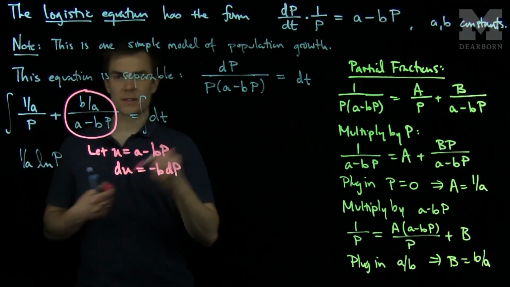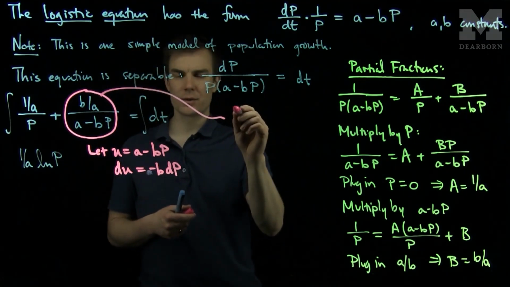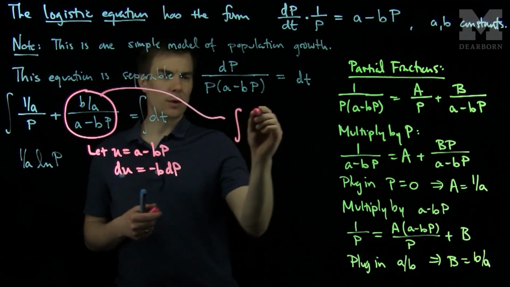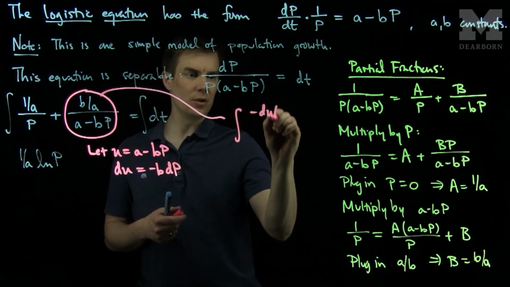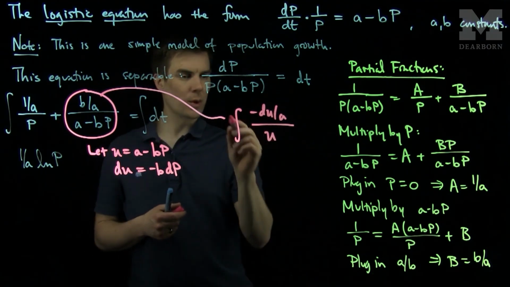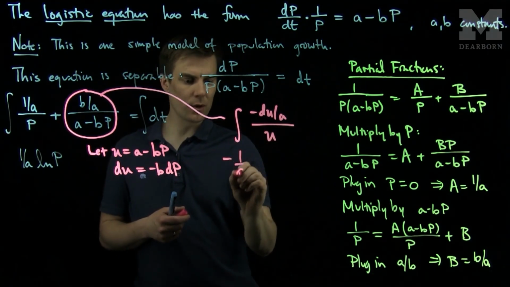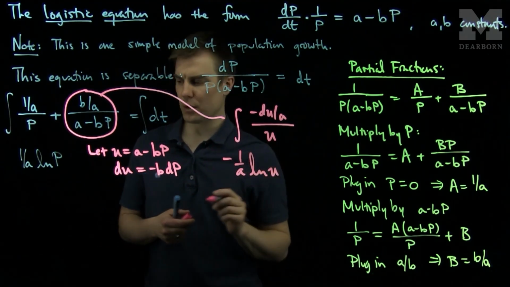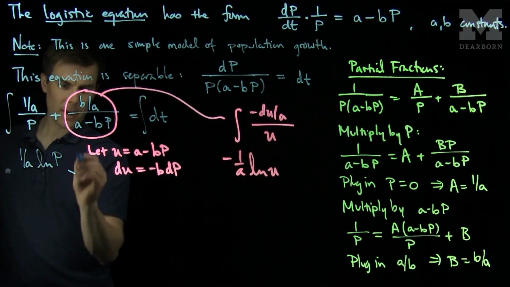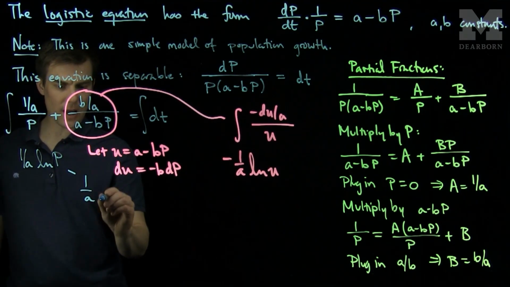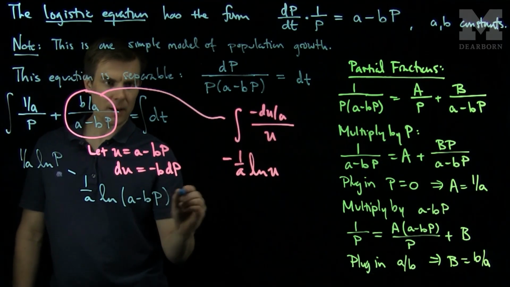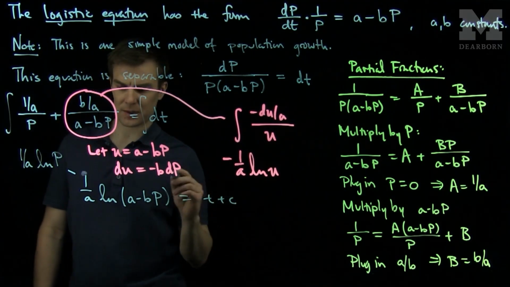And so this integral will turn into the integral of negative du over a, all divided by u. So what I'll have over here is a negative 1 over a log of u. So we can fill that in over here. This will be a minus 1 over a, the log of u, which we know is a minus bp, will be equal to t plus c.